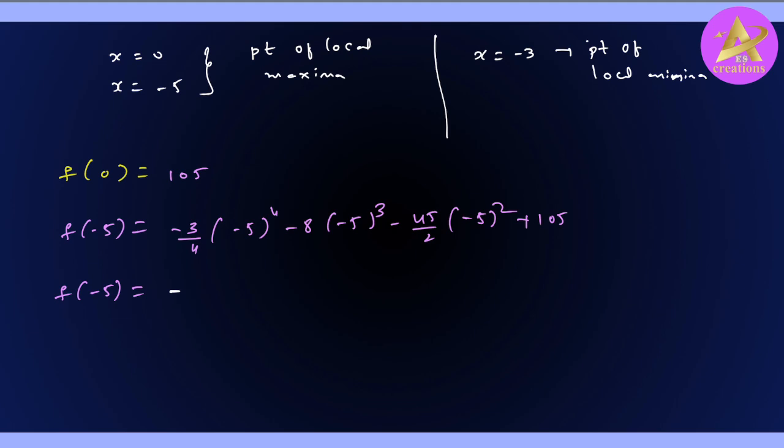We do one thing, just multiply by 3, we get minus 1875 divided by 4.